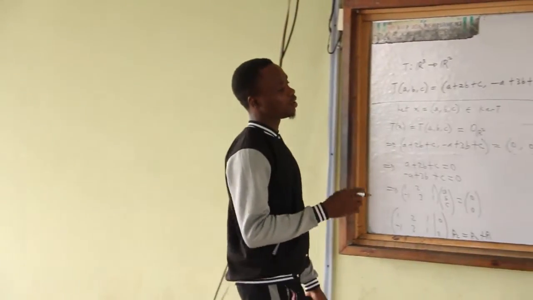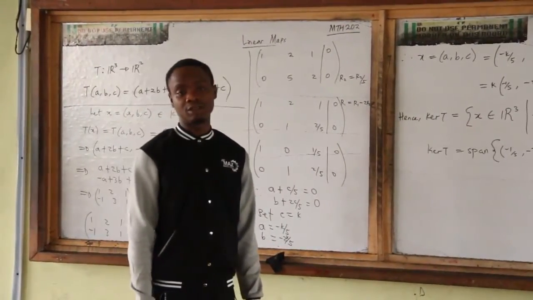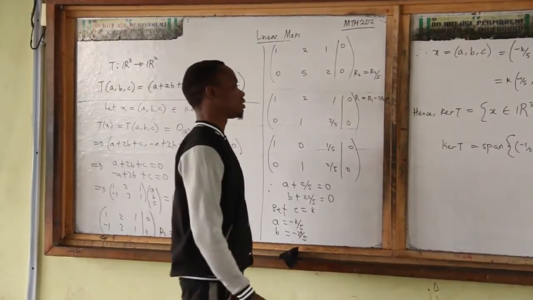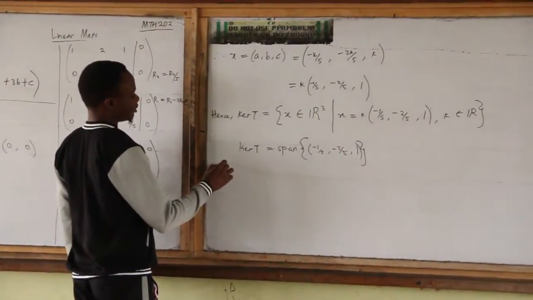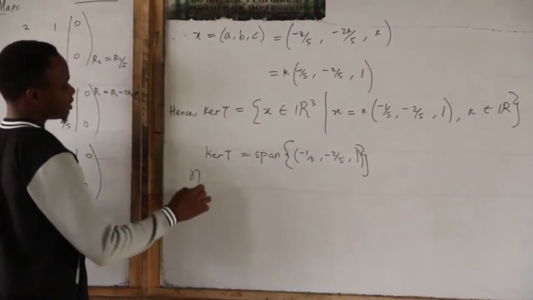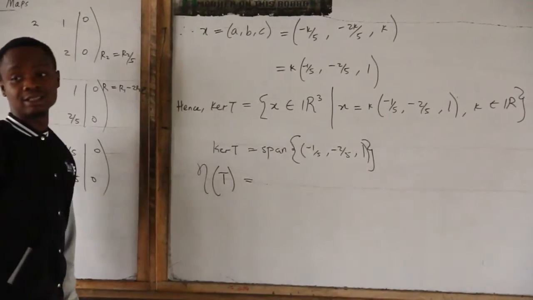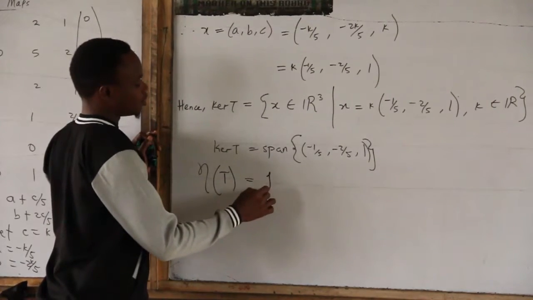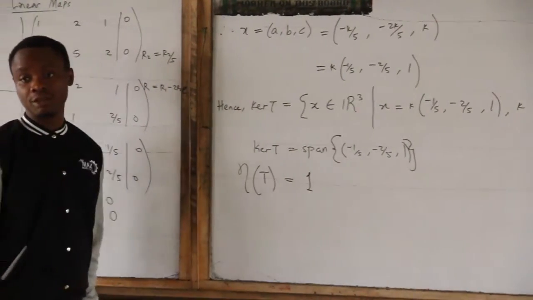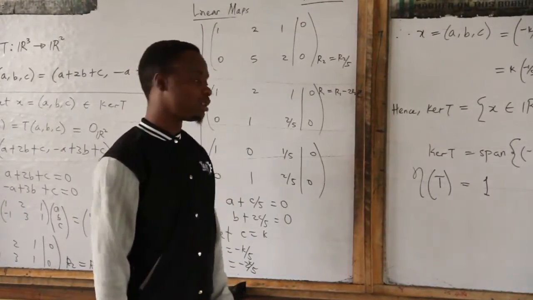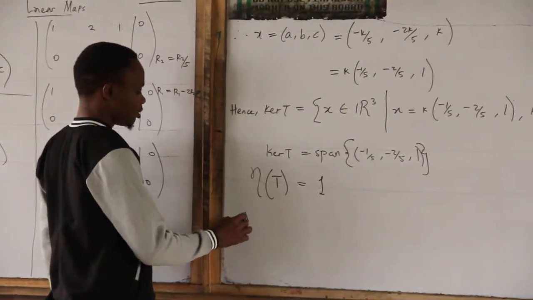The nullity of T is the dimension of its basis, or the dimension of ker T. That's the nullity of T. The nullity is usually given by this symbol. Nullity of T, because the dimension of ker T is 1. That's left from this result.